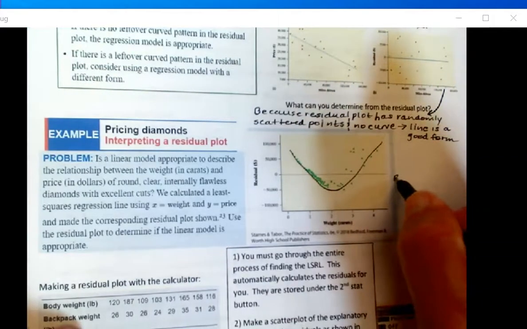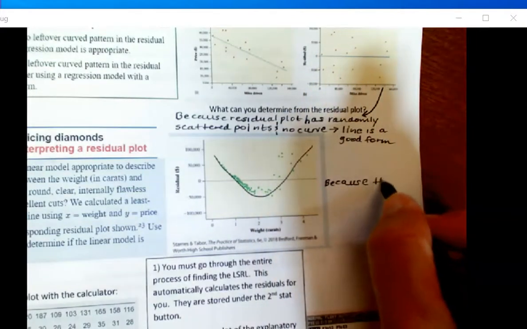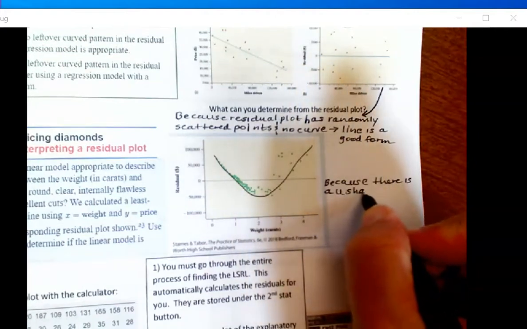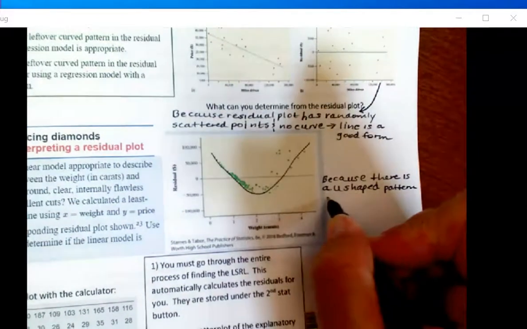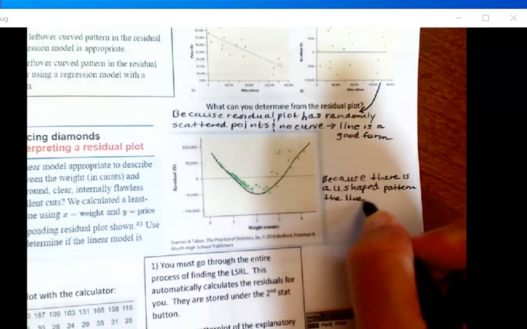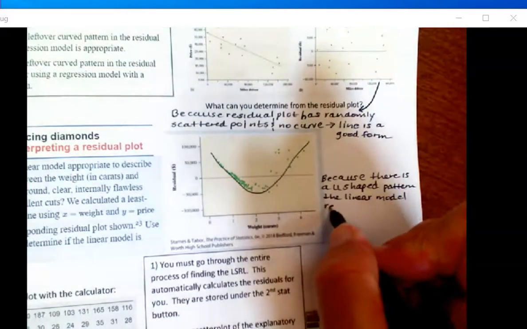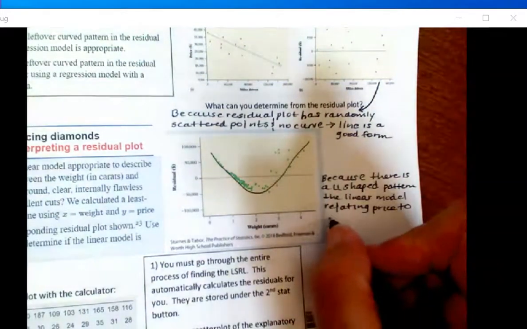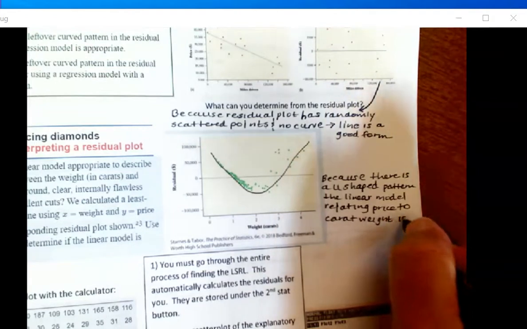So let's just write, because there is a U-shaped pattern, the linear model relating price to carat weight is not appropriate.